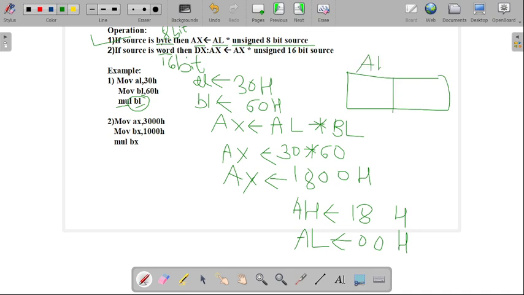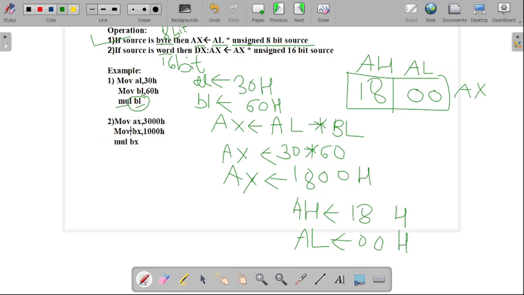Here is the AH register and this is the AL register, and together they become the AX register. The contents of AH will be 18 and the contents of AL will be 00. So after performing the multiplication, the result will be AX is equal to 1800H. Here we have performed the operation with an 8-bit register.